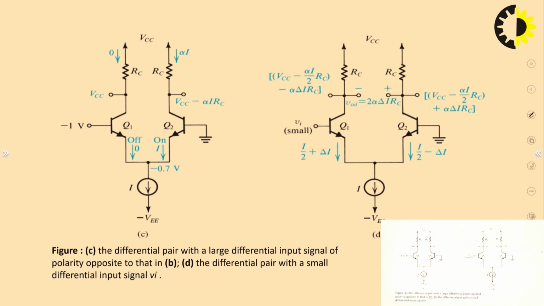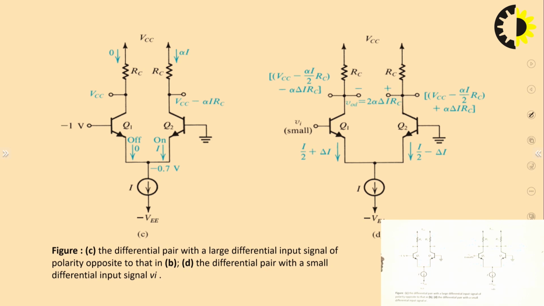And this last one is the differential pair with a small differential input signal, that we will discuss. So now the concept is clear about the differential amplifier. What is the need of differential amplifier? These amplifiers can cancel the noise or minimize the noise. How? We have seen in case of common mode operation.